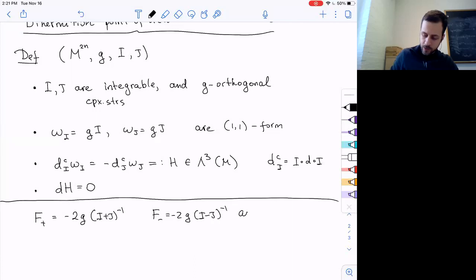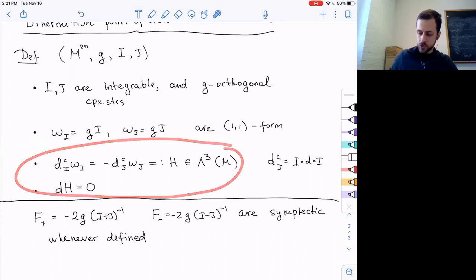These are symplectic whenever they are defined. They're not necessarily globally defined because you have to take the inverse of an operator which might not be invertible. But if they are defined, they are symplectic. And it's just a formal consequence of these assumptions on the generalized Kähler structure.